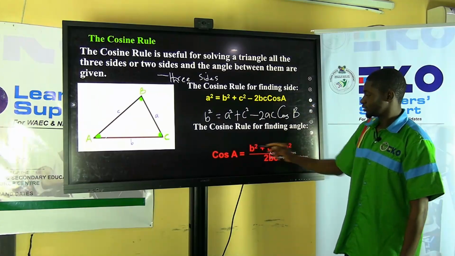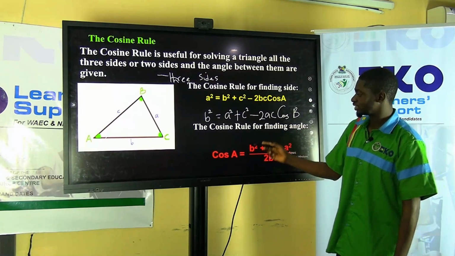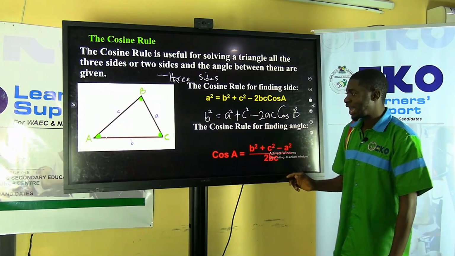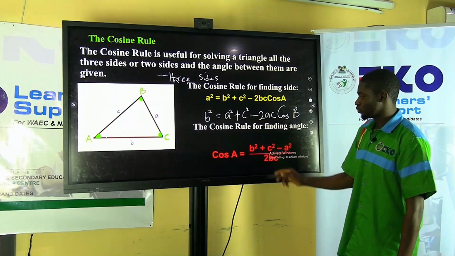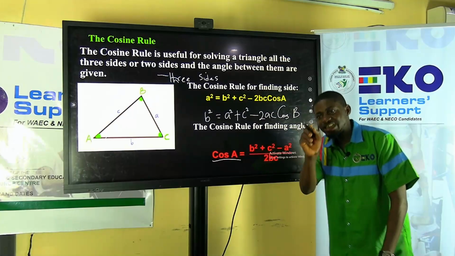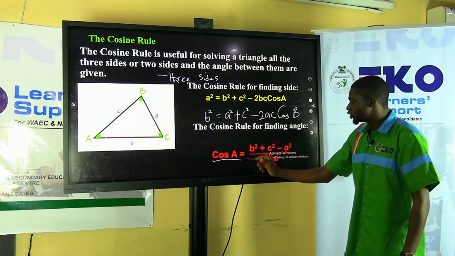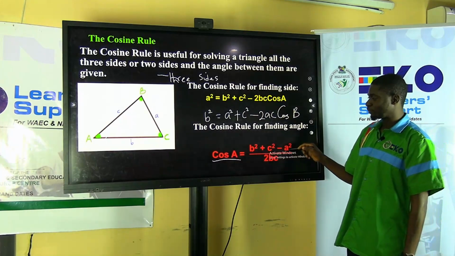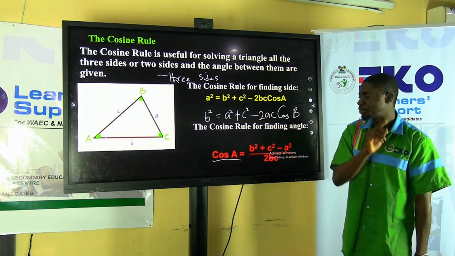If it is A that we need, and all the 3 sides have been given, we say B squared plus C squared minus A squared. So the angle that we need, the mother, the daughter will take the negative place here, which you can rewrite.